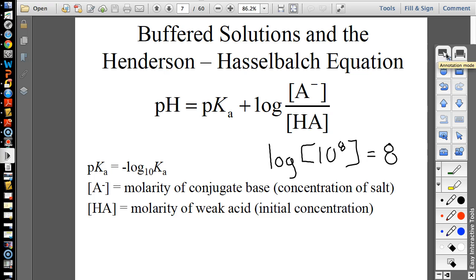So if I took the log and this was 1 here, do you know what the log of 1 is? So at the midway equivalence point, pH equals pKa, because the log of 1, where these are equal, is 0.